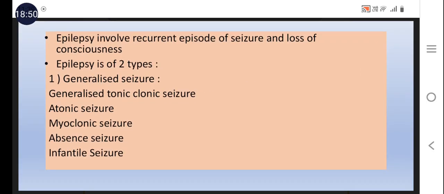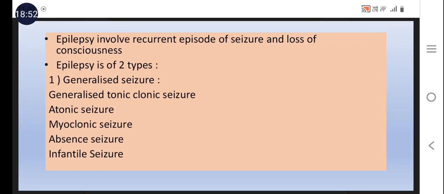So you have to understand what epilepsy actually is, or the types of epilepsy. Epilepsy is mainly of two types. One is generalized seizure, and another is partial seizure. Generalized seizure is further classified as generalized tonic clonic seizure, which means alternate contraction and relaxation occur in the body.